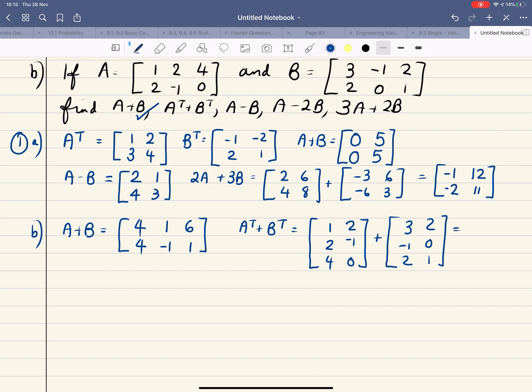And then we add the corresponding positions, 4, 1, 6, 4, minus 1. Now look, this isn't a coincidence, 4, 4, 4, 4. 1, minus 1, 1, minus 1, 6, 1, 6, 1. So, there you go. That one's done.